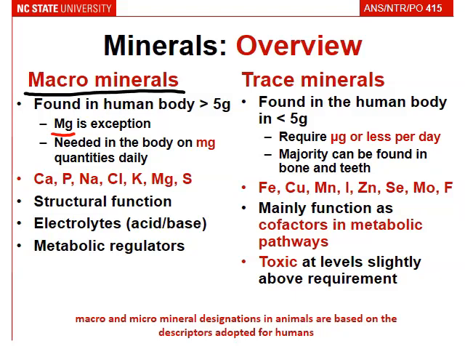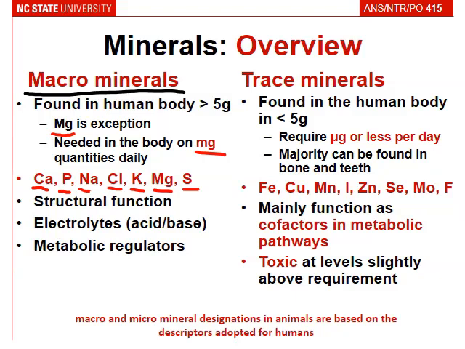In addition, the other way in which we classify macrominerals is that they are needed in the body on a milligram basis. So on a daily basis, you need so many milligrams of these. And our macrominerals include calcium, phosphorus, sodium, chloride, potassium, magnesium, and sulfur. And these have different functions. Our calcium and phosphorus are going to have our structural function.